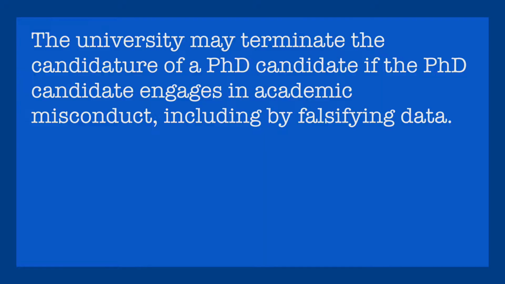Can you see how, in the first case, let's have a look at it again, in the first case, the decision to kick the candidate out for cheating would be made directly in accordance with the legislation. The legislation specifically grants the university that power and sets out the circumstances in which it can be used.